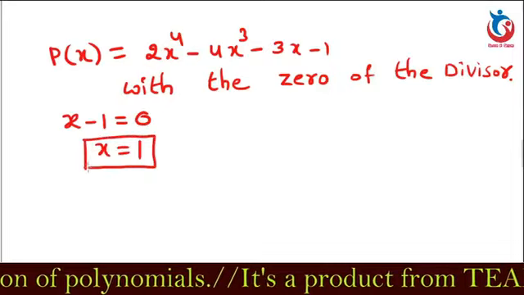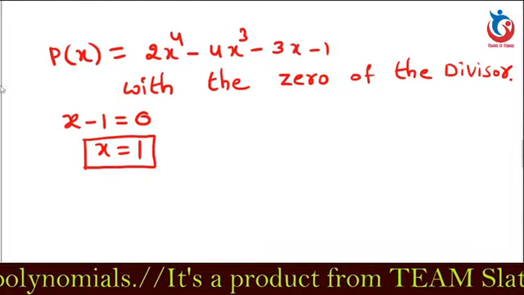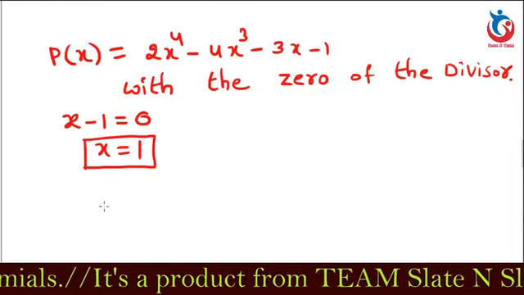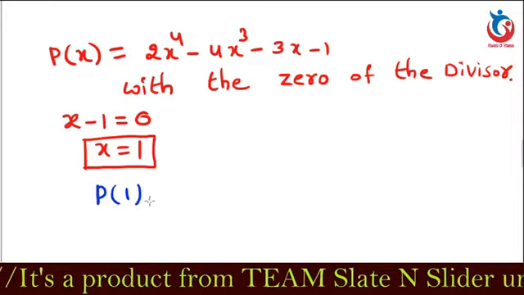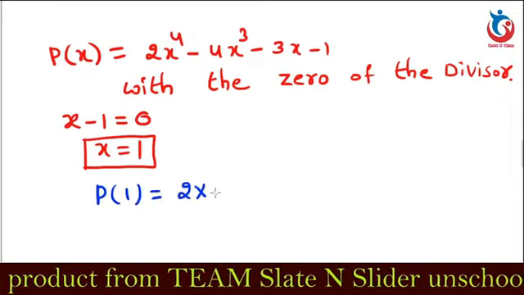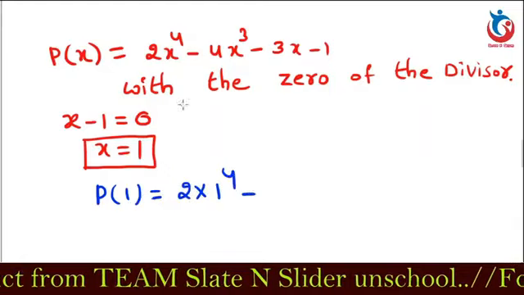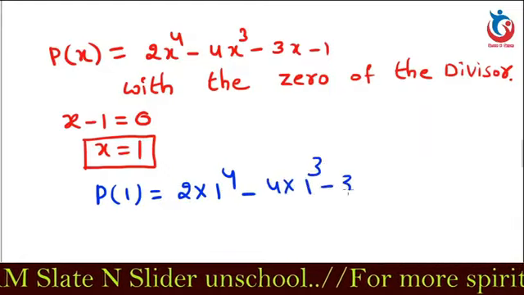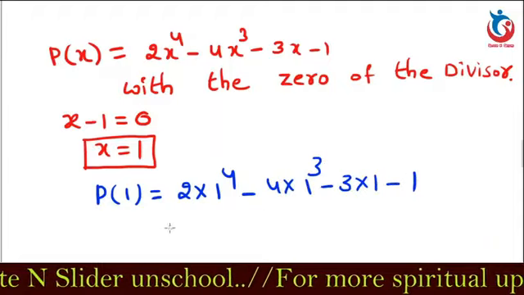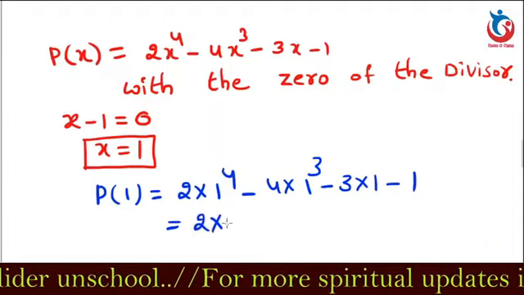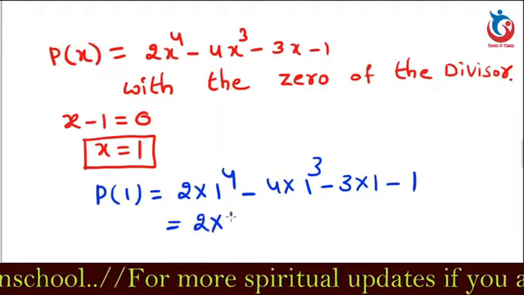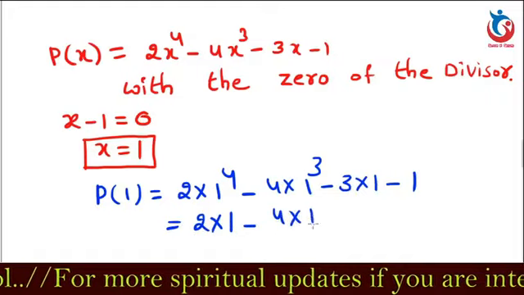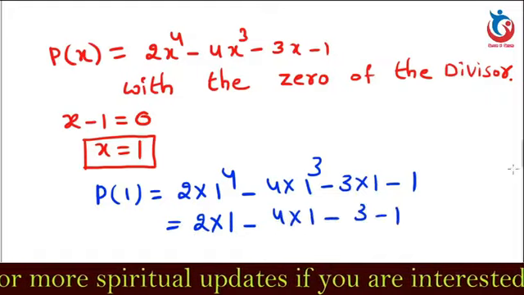Now we have to substitute x is equal to 1 in the polynomial. So P of 1 is equal to 2 into, in the place of x write 1, 4 into 1, minus 3 into 1, minus 1. 2 into 1 power 4 means 1 is multiplied 4 times, 4 into 1, minus 3, minus 1.